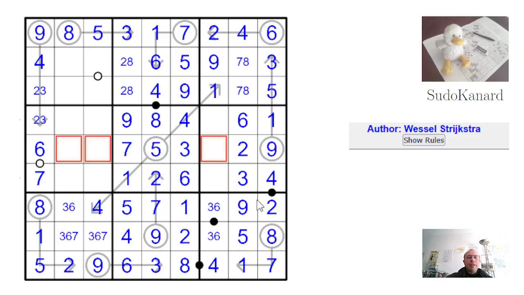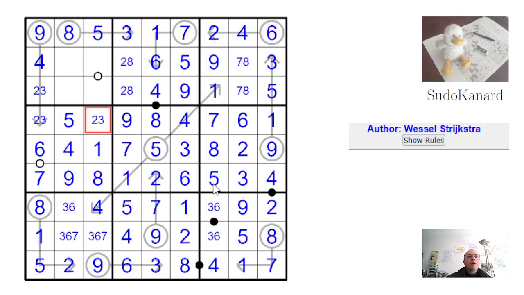1, 4, 8 here. So this is 8, this is 1, this is 4. Here I need 5 and 7. Here I need 8 and 9 to 2, 3, 5. So this is from 2 and 3, this is 5.